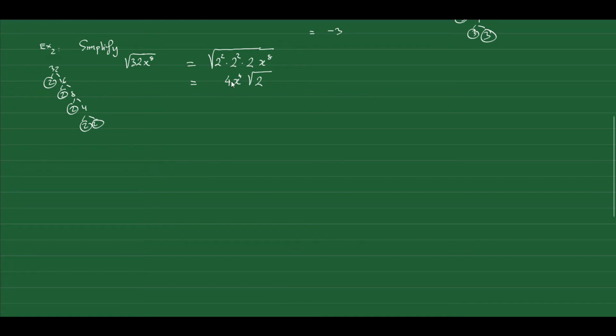So the final answer will be 4x to the 4th power times the square root of 2. Okay, so that's how you do it. The good thing over here is that because 2 goes into 8, that's a very nice number. But it's not always like that.